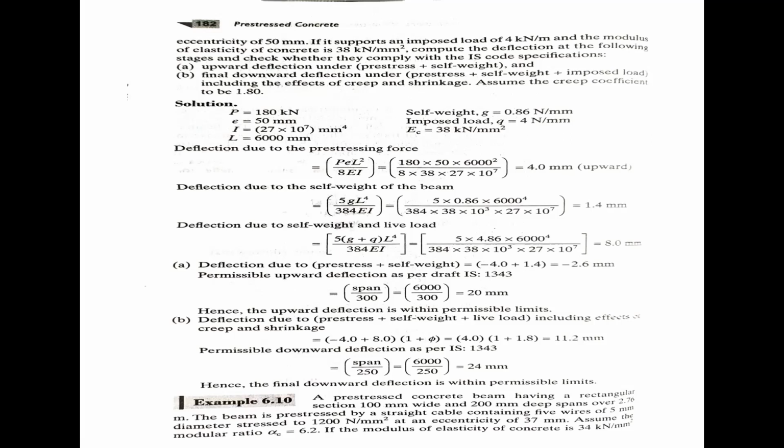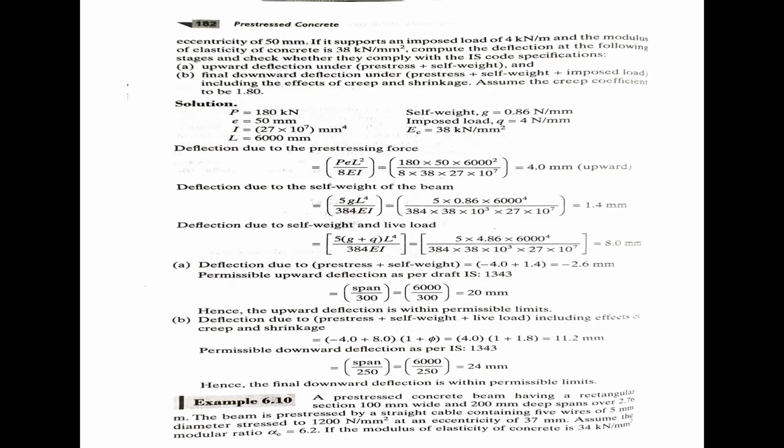Deflection due to prestressing is negative. For the rectangular section the deflection is upward, and upward means we have to take the negative sign, minus 4. Now deflection due to self weight, that means downwards, 1.4 mm, that is plus.